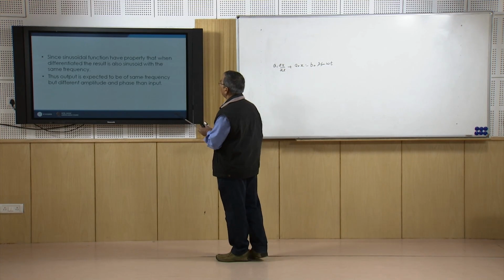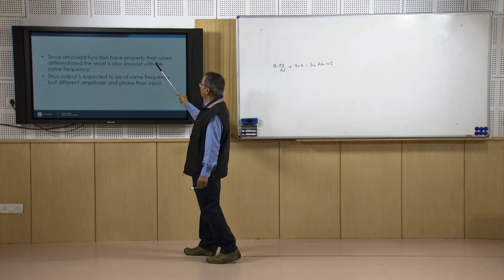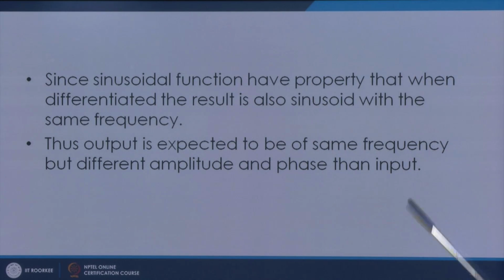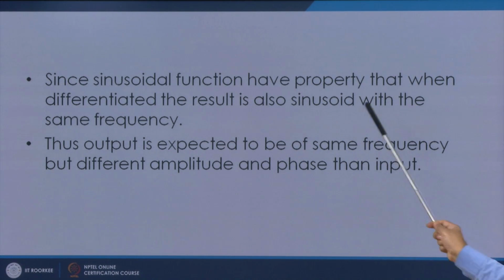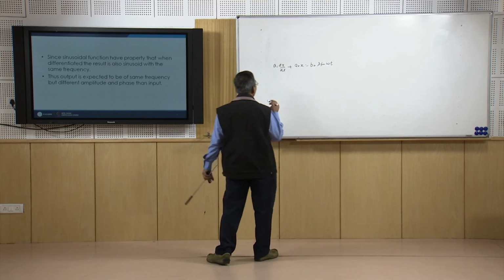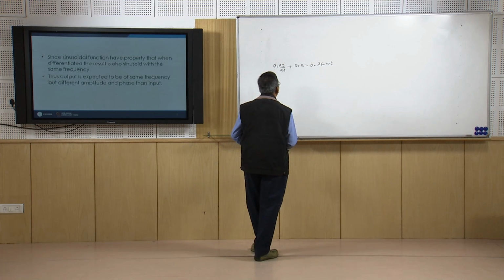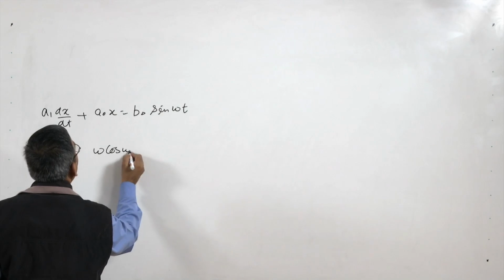Now, we know that sinusoidal functions have the property that when differentiated, the result is also sinusoidal with the same frequency. If I differentiate sin omega t, what I will get is omega cos omega t.